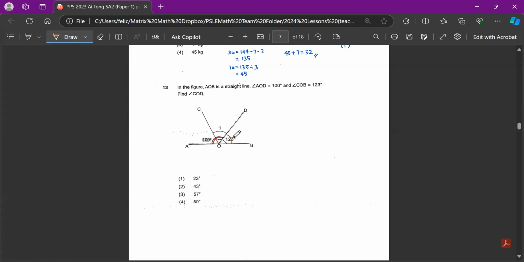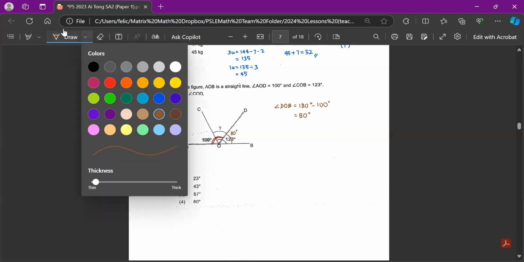Because the brown inks that are drawn here and the red one together lie on the straight line AOB. So the red plus the brown is 180 degrees. So angle DOB simply is 180 minus 100. So angle DOB is actually 80 degrees. So this is 80 degrees.